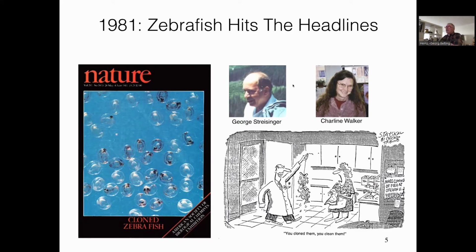He played around a lot, and he was able to make clonal zebrafish. That is the first time that zebrafish research hit the headlines in Science and in the newspapers, that people were able to make clones of a vertebrate. And that was in the 1980s.